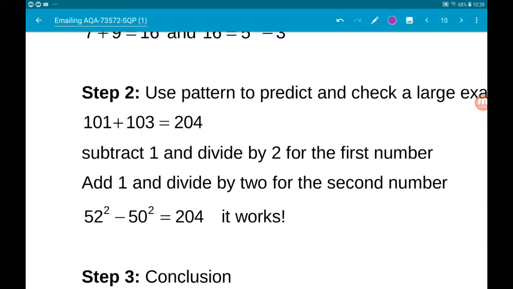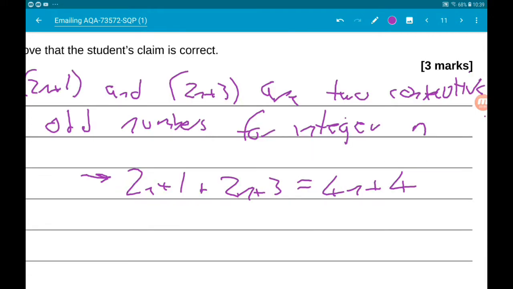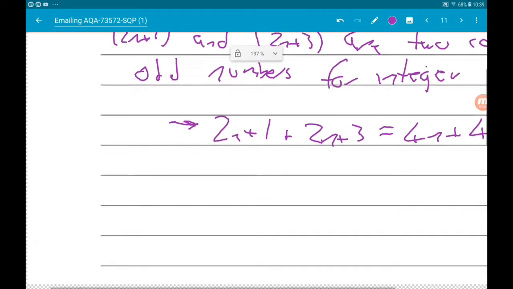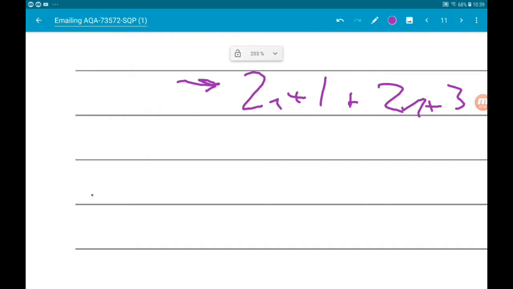So let's say n squared is a square number, and the square number that would be the second one on from n squared would be n plus 2 squared.